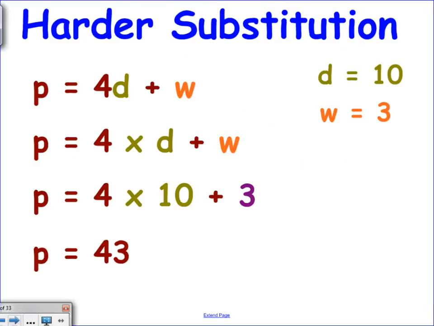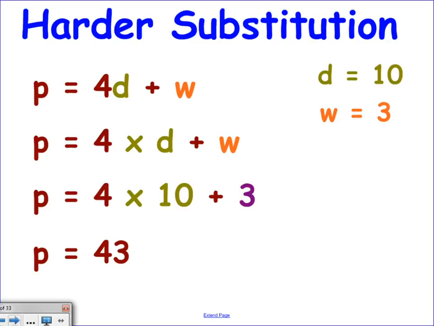This is the hardest substitution they can give you, when you have 2 different values or 3 different values, okay? So I've broken it down for you. P is equal to 4D plus W. Don't worry about what it means, okay? What does it mean in mathematics? It means P equals 4 times whatever D is plus W. When I swap the values for D and W as 10 and 3, it becomes 4 times 10 plus 3.